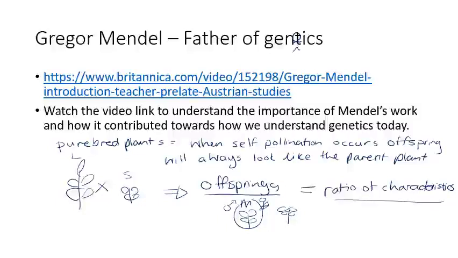Okay, so he then suggested that there must be something in the cells. He realized that each of these plants have cells, right? And within these cells, we know now that there are these things called chromosomes. These chromosomes carry genes, and these genes code for life.